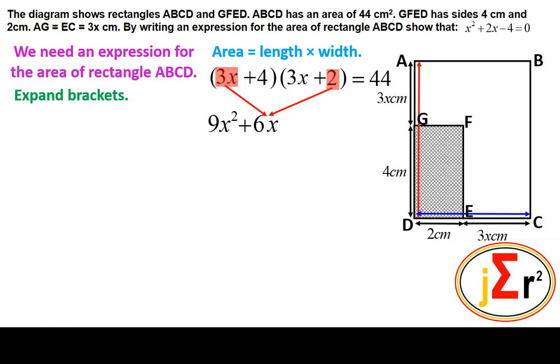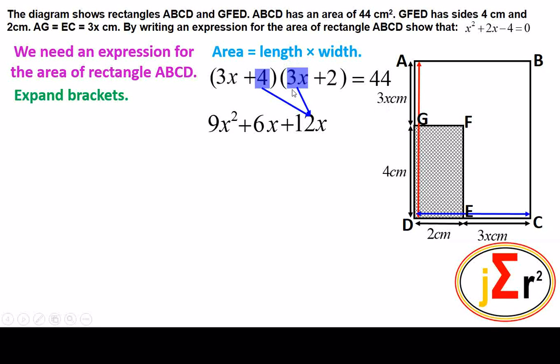Since we have exhausted the 3x, then we will move to 4. 3x times 2 is equal to 6x. We will move to the second term in the first brackets. So we'll take that and we multiply by the first term in the second bracket. 4 times 3x will give us 12x.